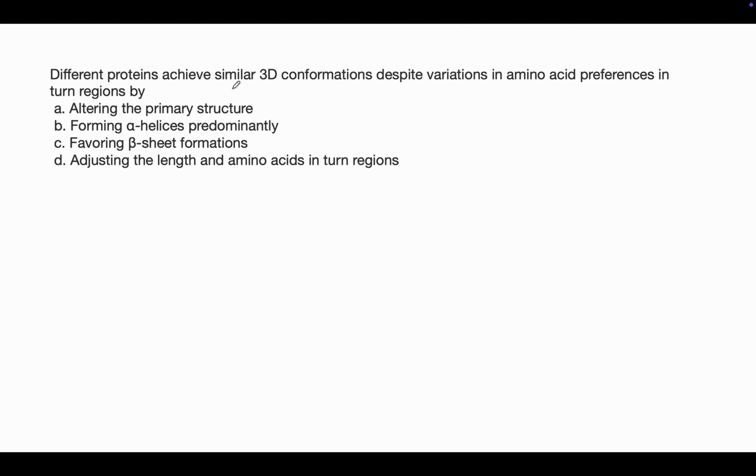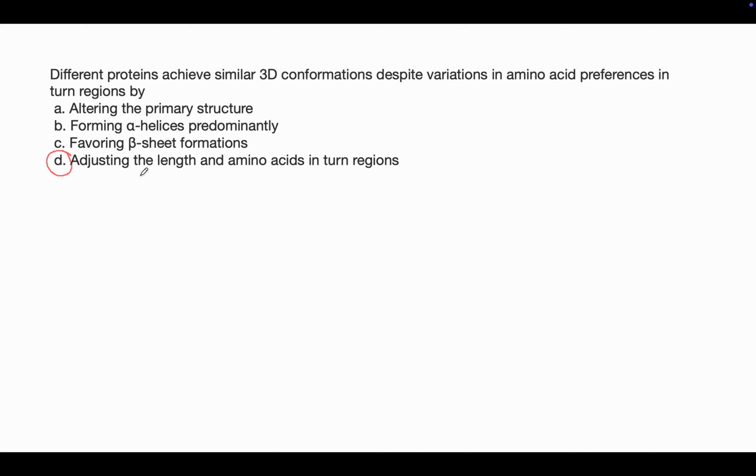So here they are asking that we have different proteins and achieve similar 3D conformation despite the variation in amino acid preferences in turn region by. So again, the 3D conformation will be depending upon the turns, how we can adjust the length of the amino acid in the turn region.